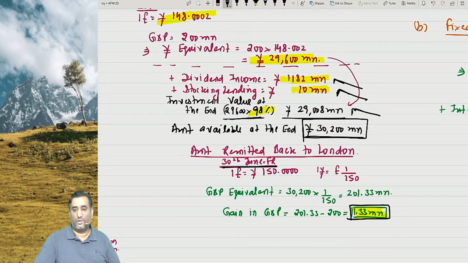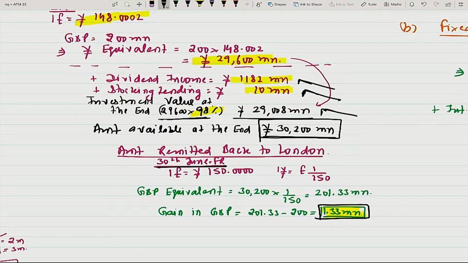Similar exercise, try for the US, please. Similar exercise for the second one.